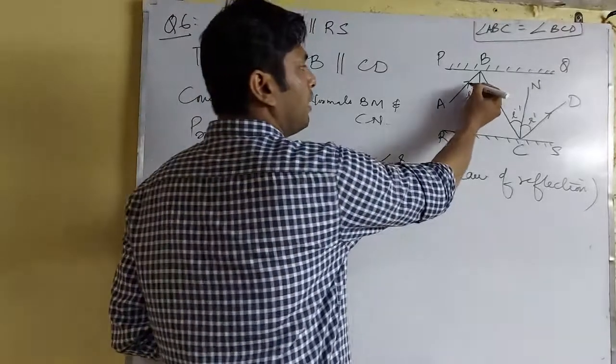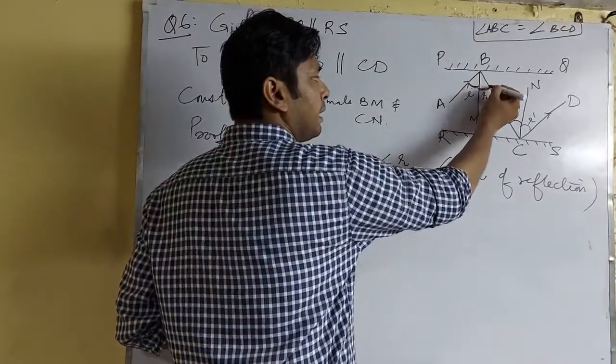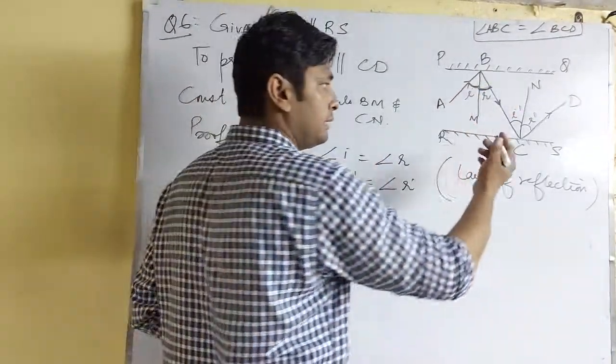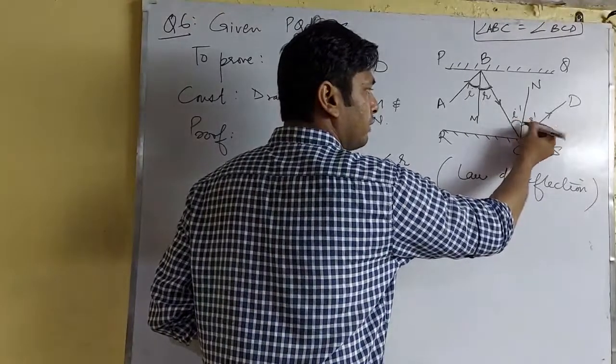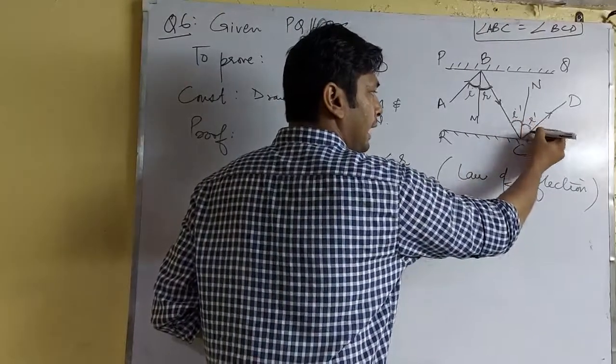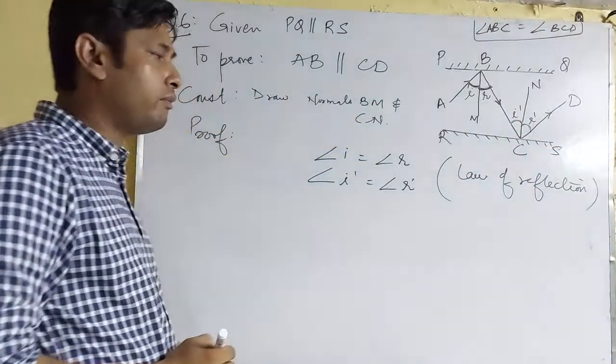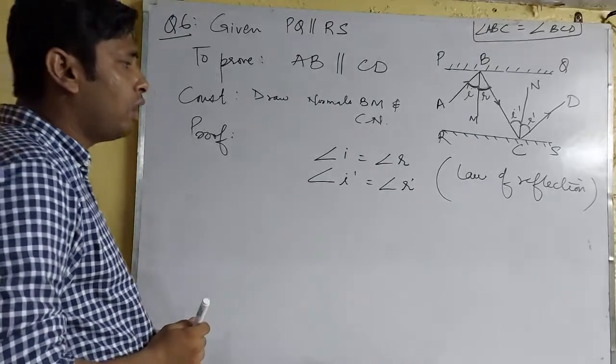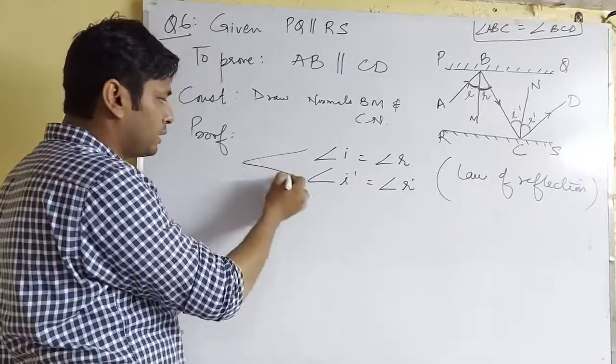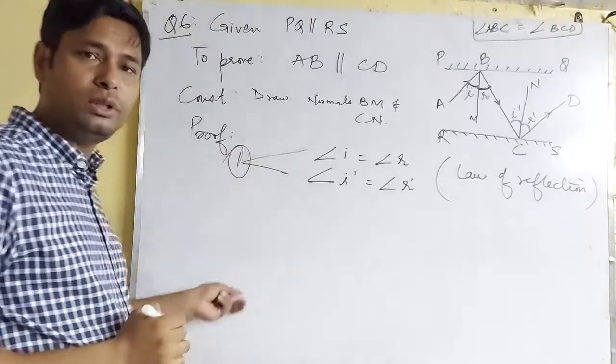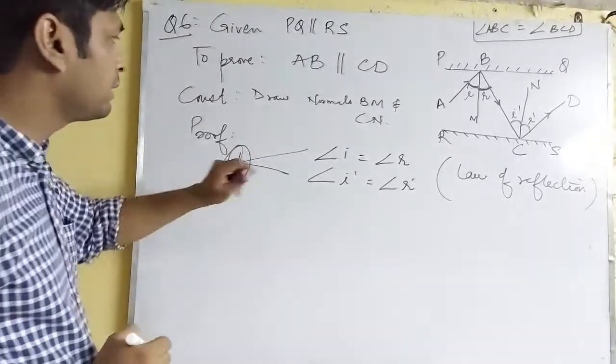So this is the angle of incidence and this is the angle of reflection, and in the same manner this is the angle of incidence, and this is the angle of reflection. After that we'll take it as the first equation, because we'll need it afterwards.